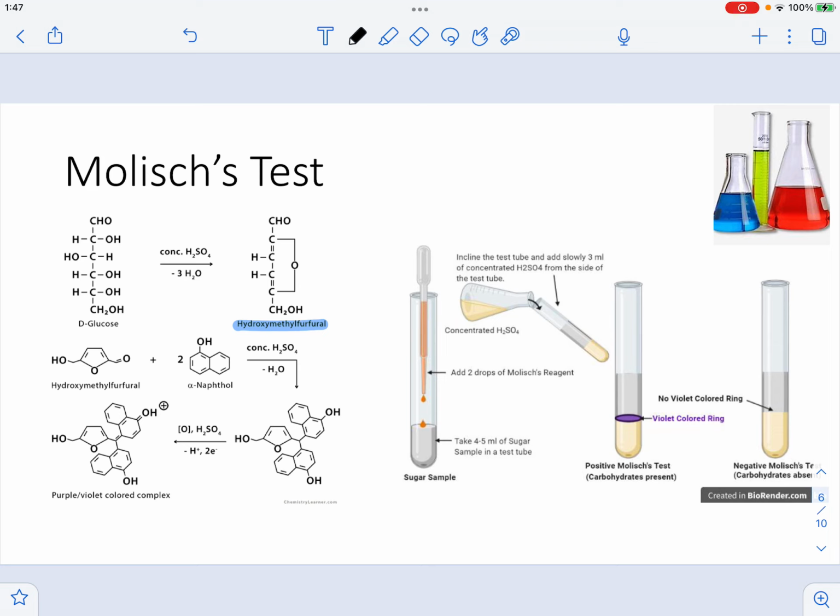And when that happens, this is going to overall dehydrate again, and there's going to be an oxidation process in which a purple violet color complex is produced. So you know that your sample has a carbohydrate, monosaccharide, disaccharide, polysaccharide, as long as your test tube creates this violet colored ring.